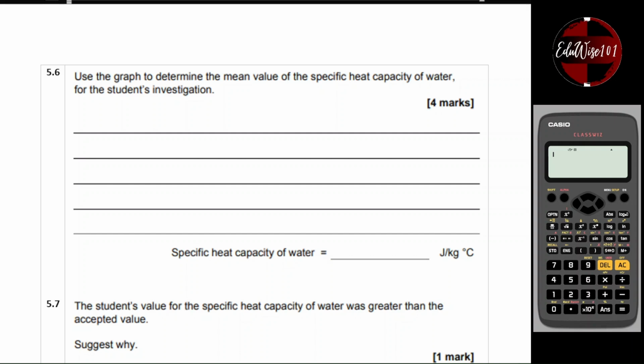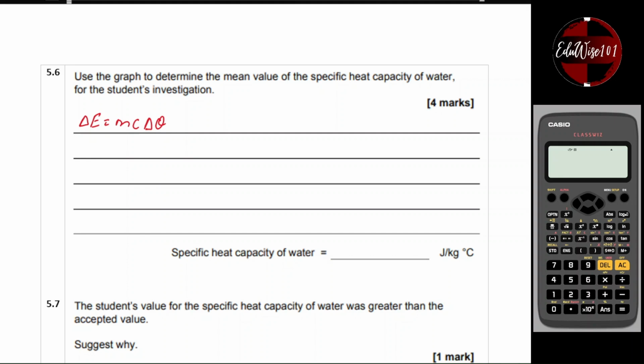How do you use the graph to determine the mean value of the specific heat capacity of water from the student's investigation? Remember the equation. Delta E equals m c delta T, where c is the specific heat capacity that we are trying to find.